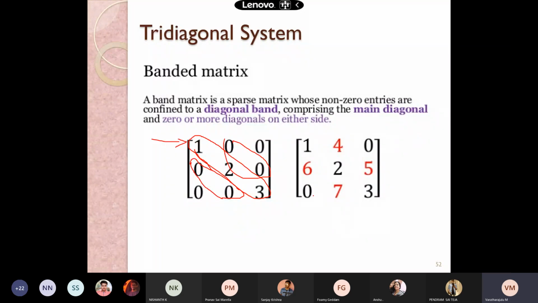The band matrix is a sparse matrix whose non-zero entries are confined to a diagonal band comprising the main diagonal and zero or more diagonals on either side. We have two more diagonals; this one is usually called the super diagonal, and this one the sub diagonal.